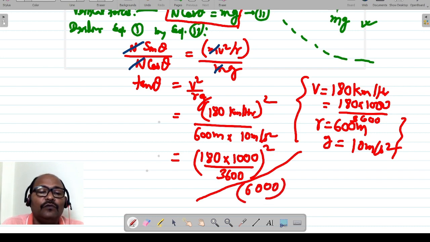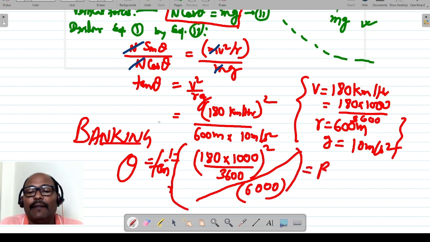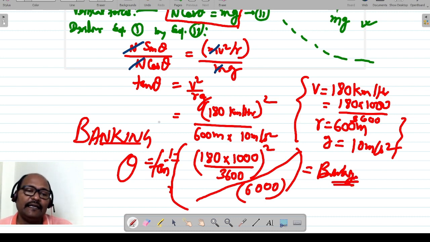The value of theta, that is the banking, will be equal to tan inverse of this value. So students, the road is designed at an inclination of this angle.